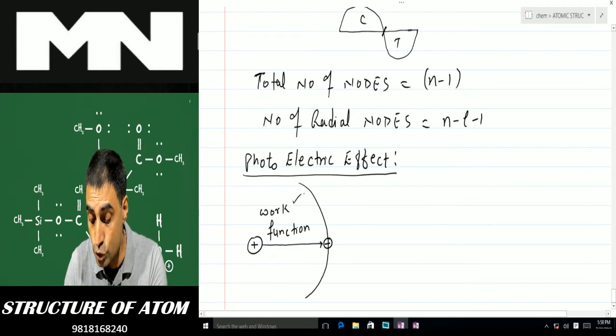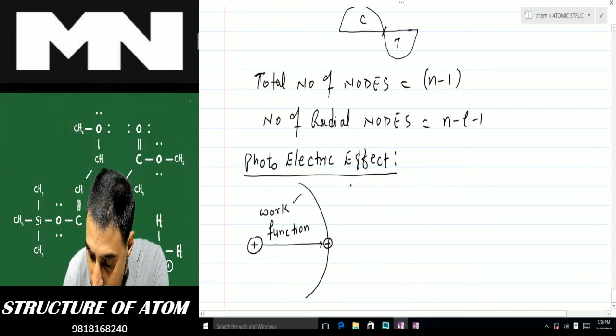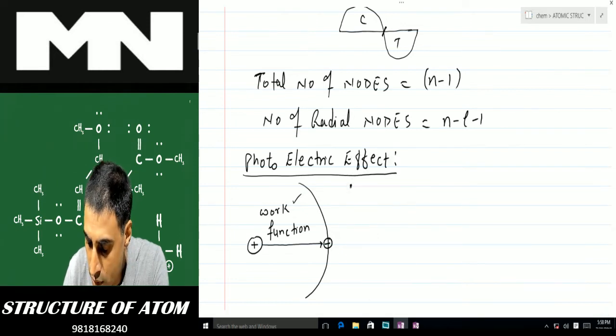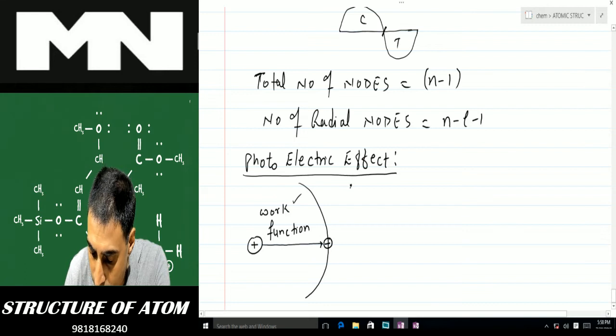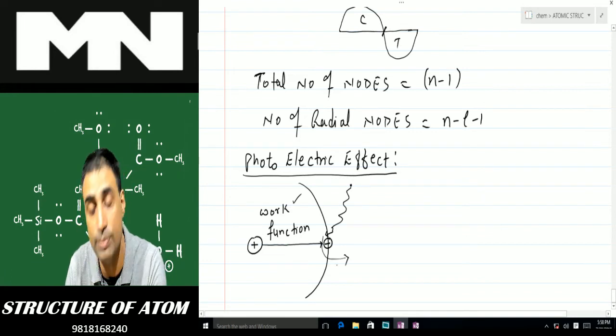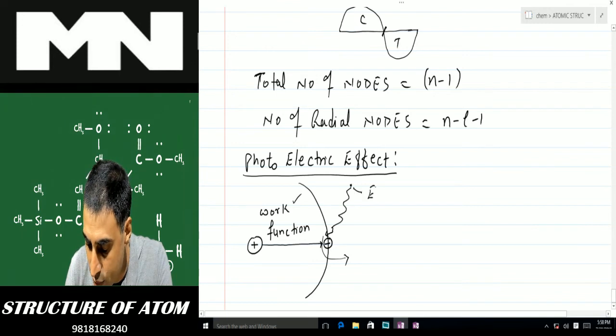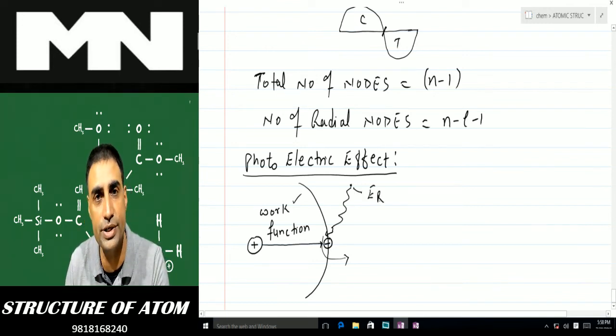The work function is so less that even when a photon of a particular wavelength strikes this electron, it provides sufficient energy that the electron will move out. Suppose the energy of this photon is ER, that is, energy of radiation.